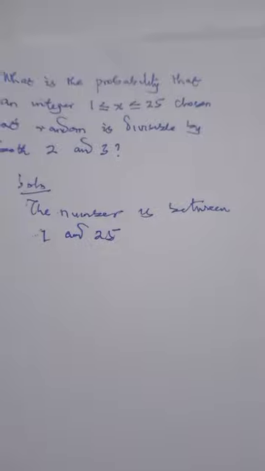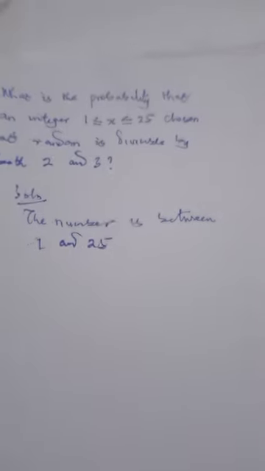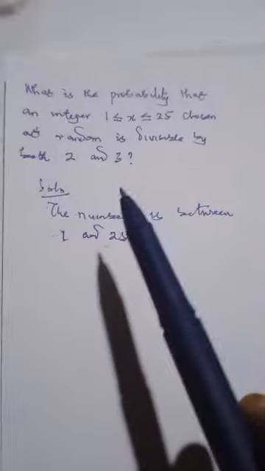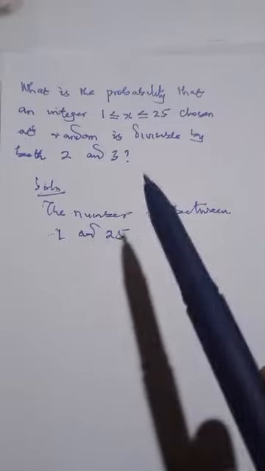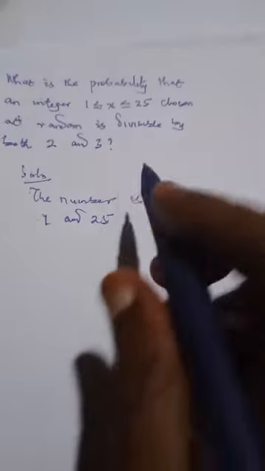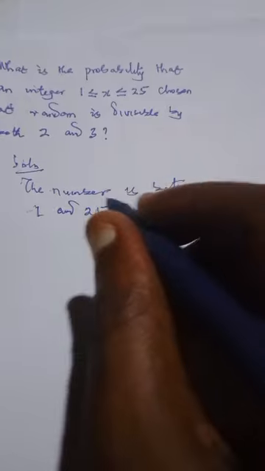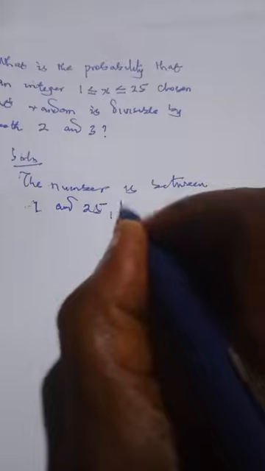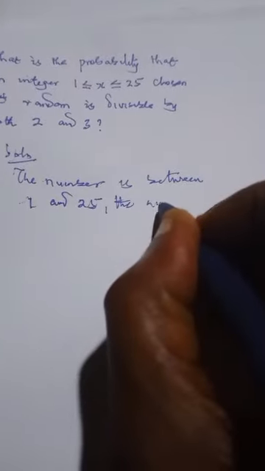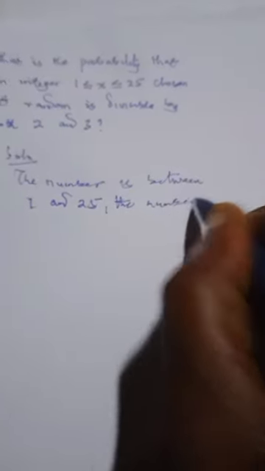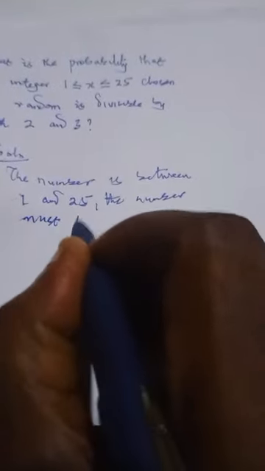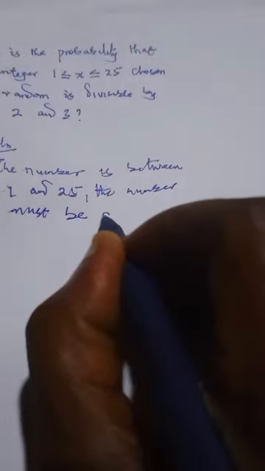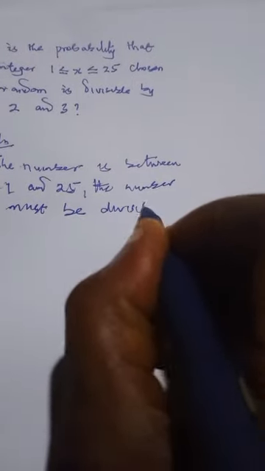Now, the next thing is that when they say divisible by both 2 and 3, it means this number must be divisible by 6.